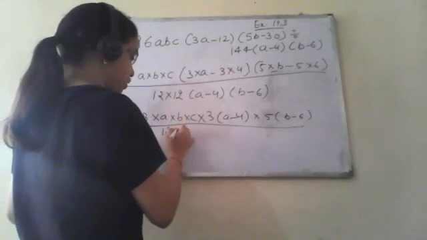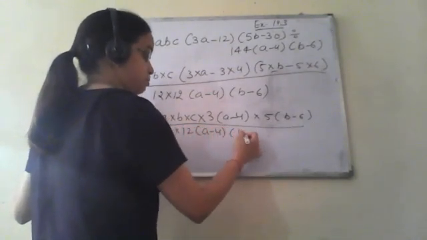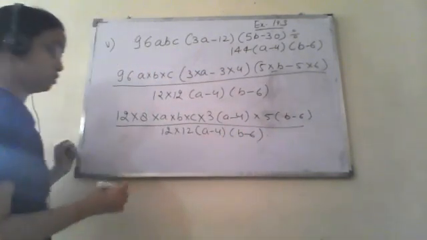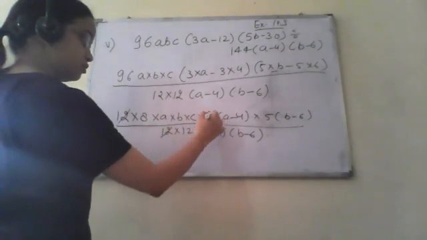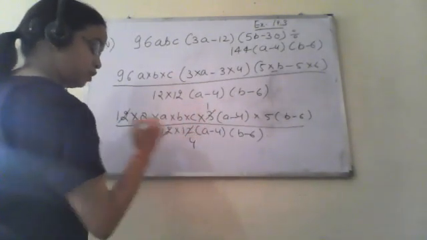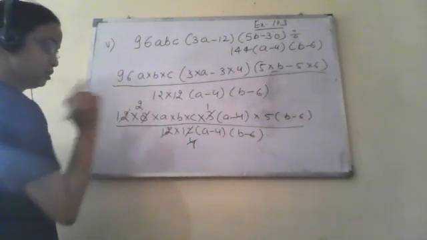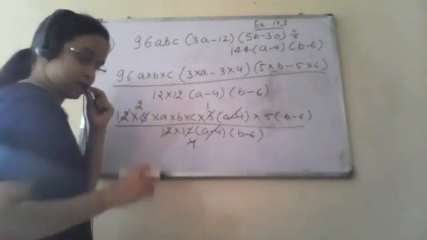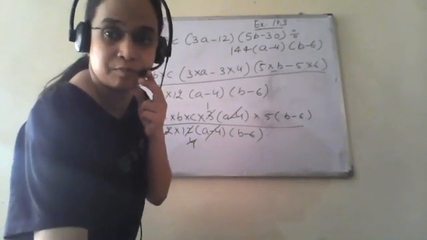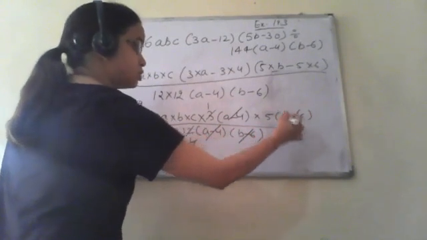This is 12 into 12 into a minus 4 into b minus 6. Now what can be cancelled out? This 12 will get cancelled. Clear? 3 ones are 3, 3 fours are 12, 4 ones are 4, 4 twos are 8. Okay. Now this a minus 4 is cancelled and this b minus 6 is also cancelled.